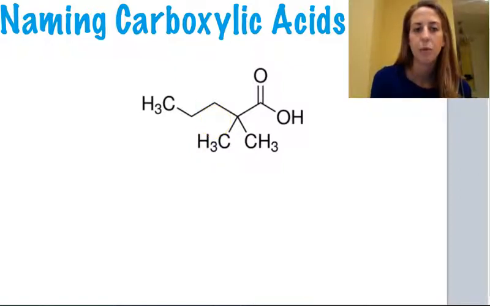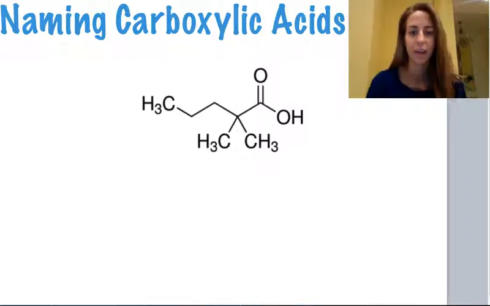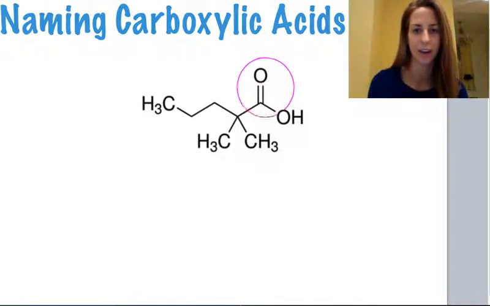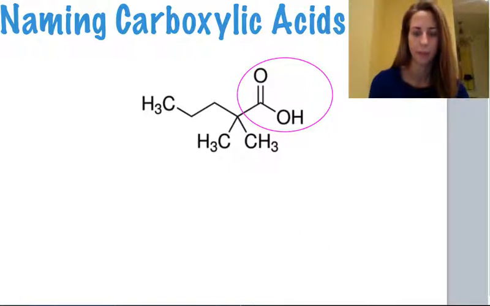So I would begin with identifying any of your functional groups. Right now, as we are doing carboxylic acids, you can see that we have a carboxyl group right there. That is our functional group. That means when we go to name this structure, it will end in oic acid. The next thing is to locate your longest carbon chain.